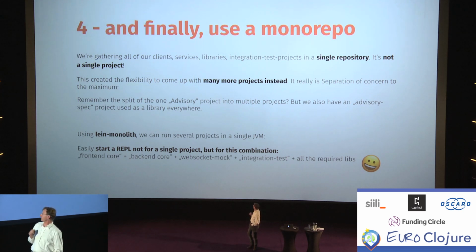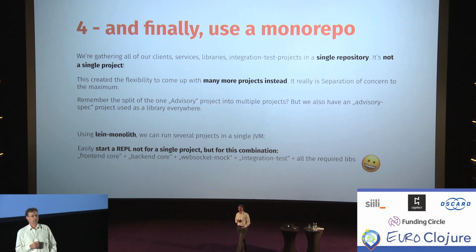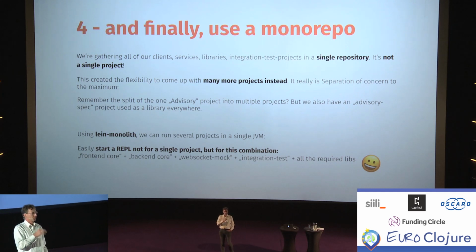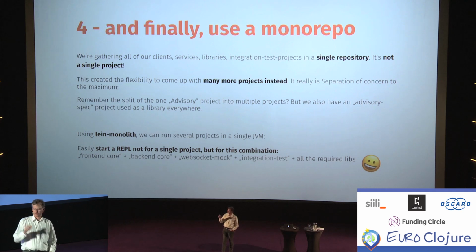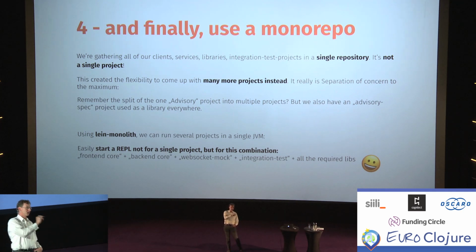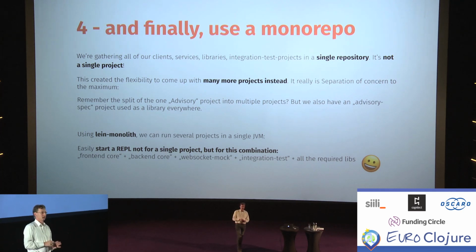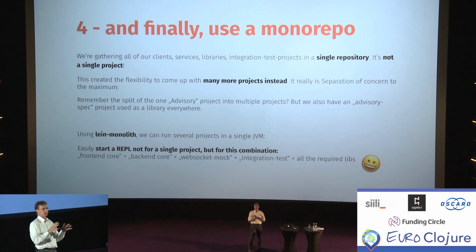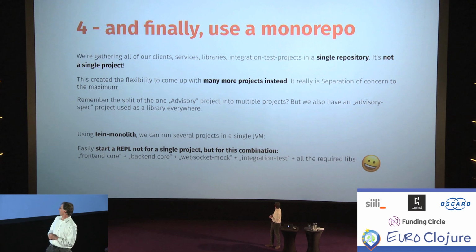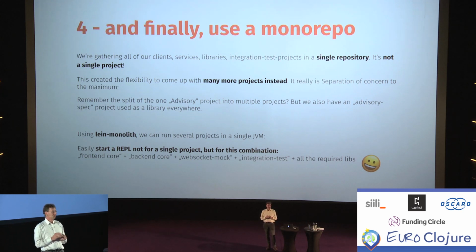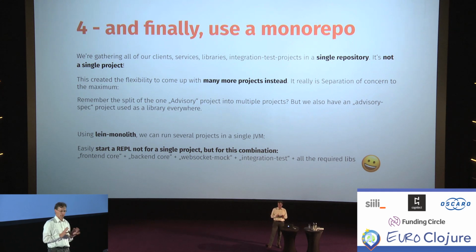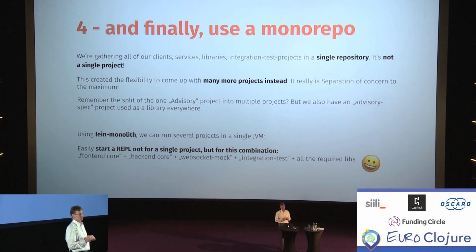Because Lein monolith is giving us the ability to say, please run a REPL for this project, this project, this project, and this project, and leave the rest apart. Because this is the context I'm currently developing in. This is by far the most amazing thing I've seen, and it's really just working like this.